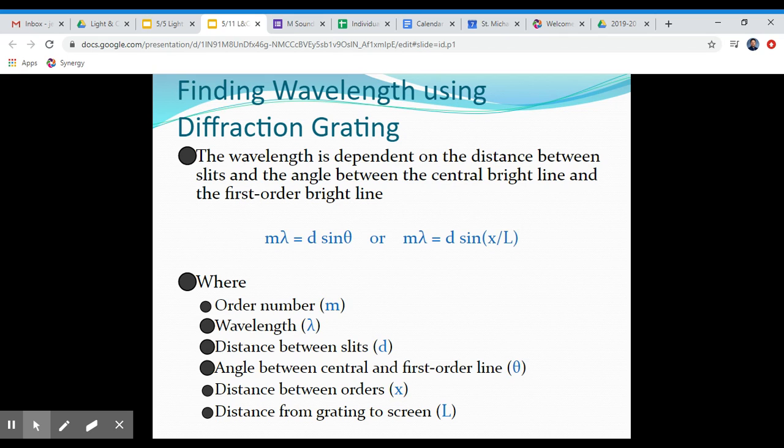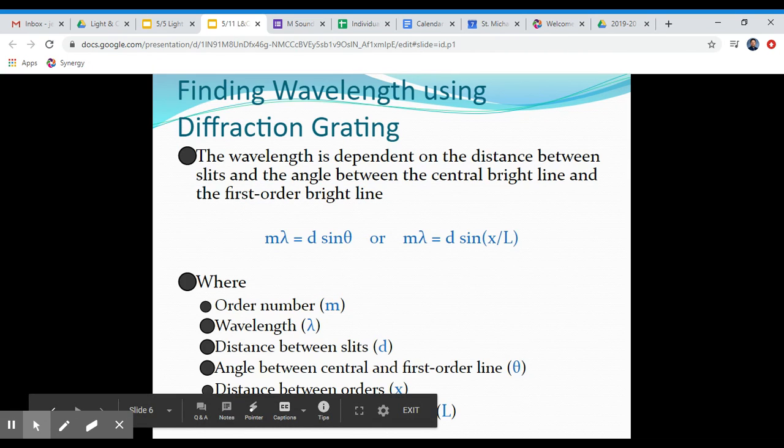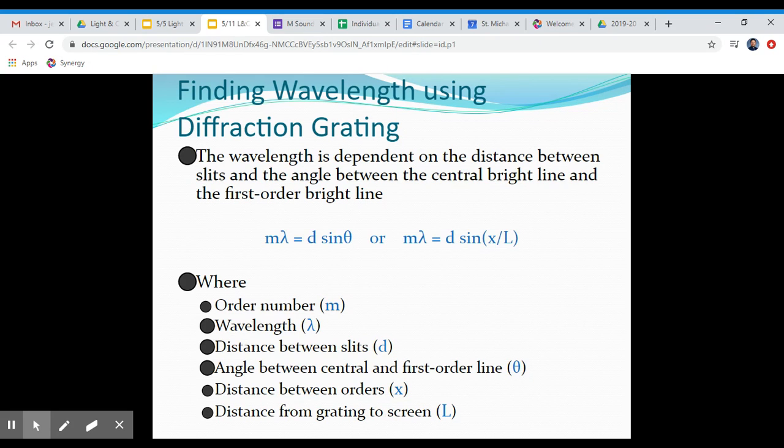The angle between the first and central order, that's actually a typo. It should be the angle between the central and whichever order you're talking about. It could be the second, third, or fourth order, and so on. So ignore that part.